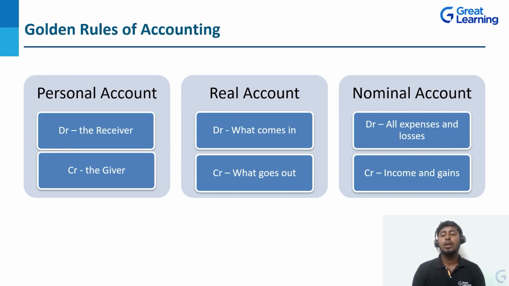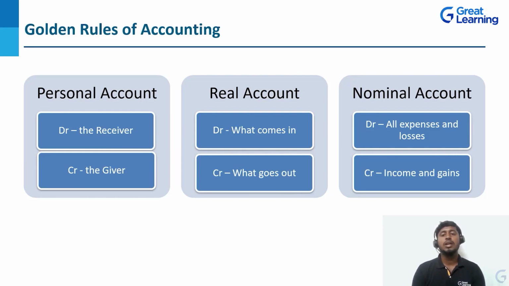Next, nominal account. All your expenses, liabilities, and incomes will come under the nominal account. So debit all the expenses and losses. Whatever the expenses or losses are there, that will come under the debit side. For example, rent paid, commission paid, destroyed by fire, or loss on sale of assets.